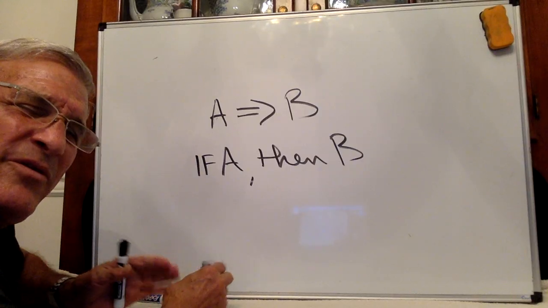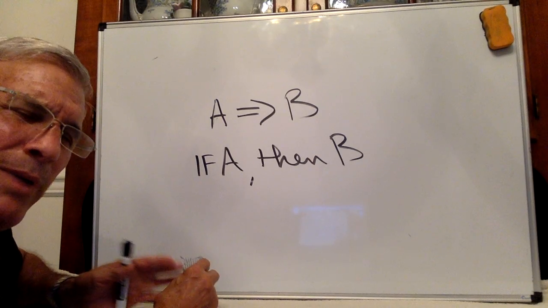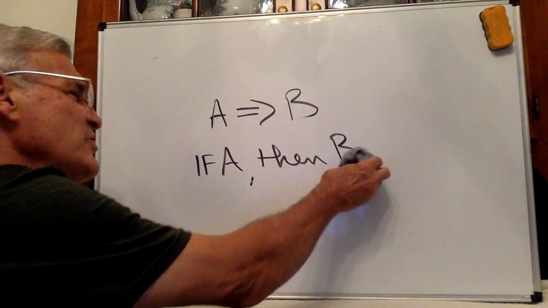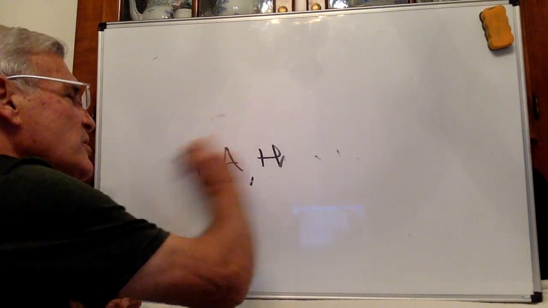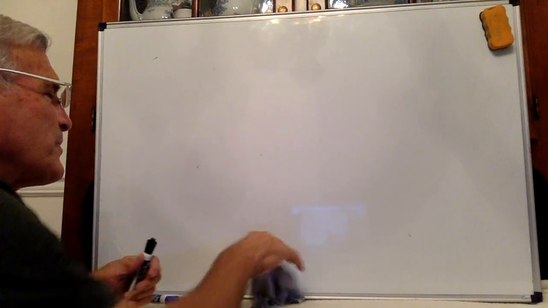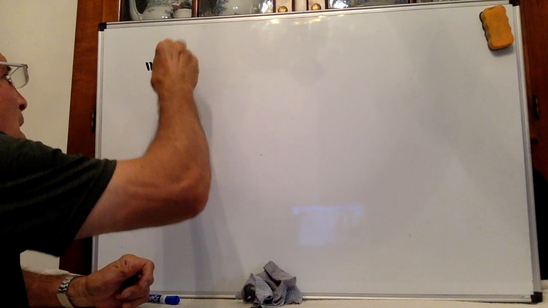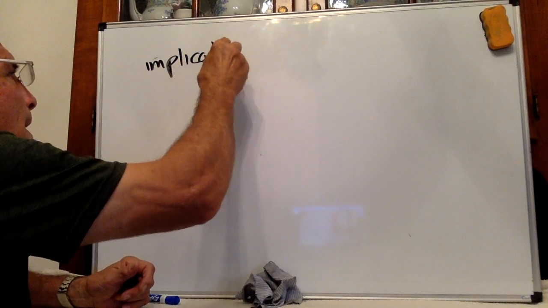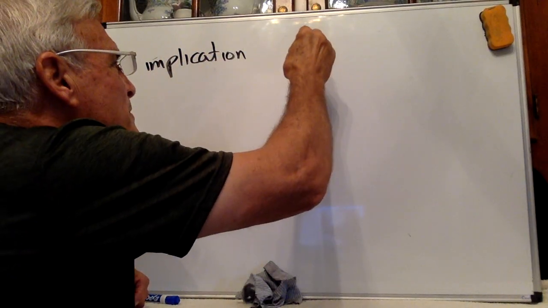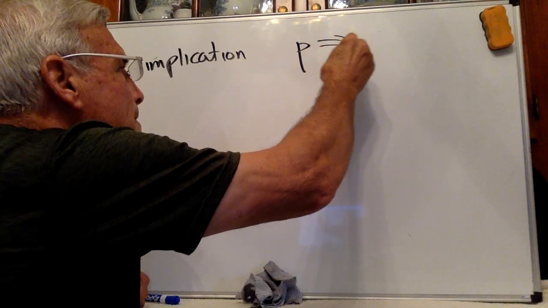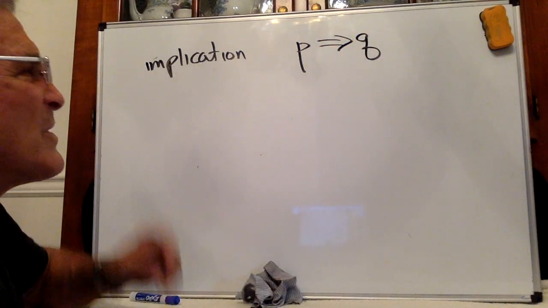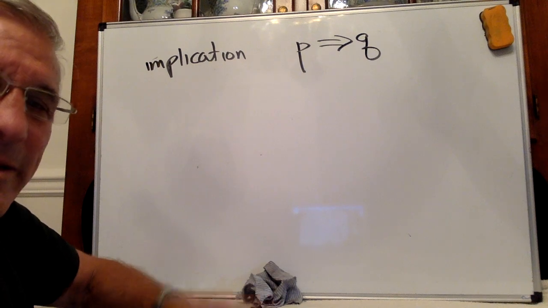Now, we're going to do a very, very little bit of symbolic logic, and it can be confusing, but I want you to know a few things. All right, here's my implication.